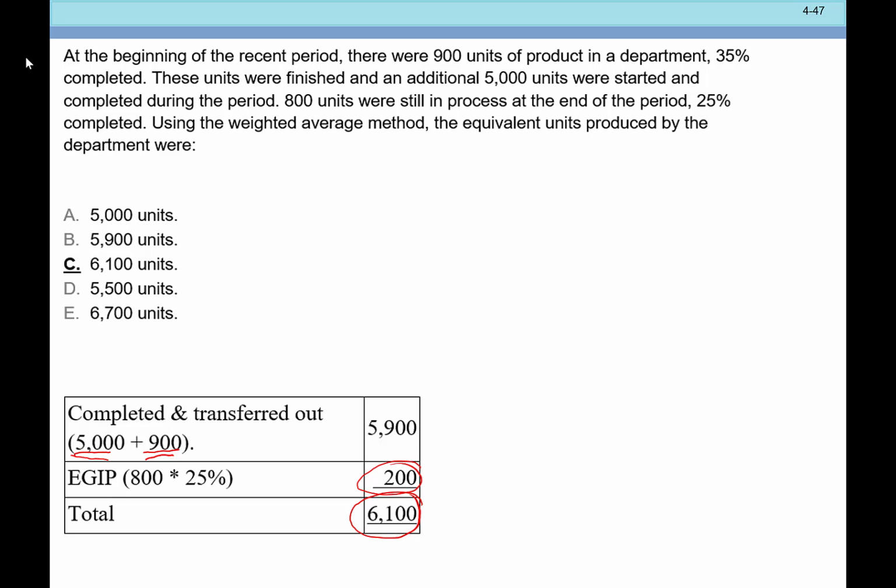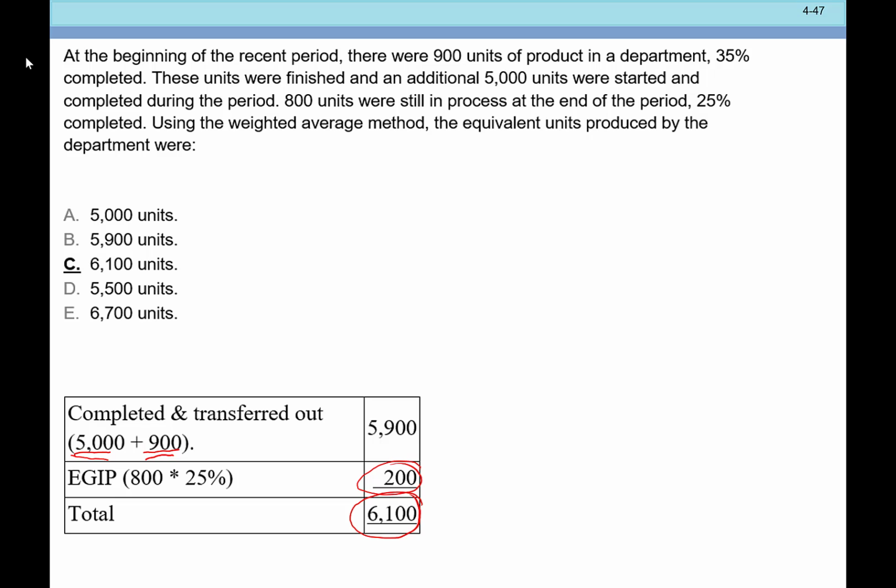This is one where they tell me the units finished and transferred out, and then there were 900 units of the product in department at the beginning of the recent period, 35% complete. This is why I'm pointing this one out, because the wording is a little different. Then they tell us these units were finished, and then an additional 5,000 units. So this question reads a little bit differently, right?